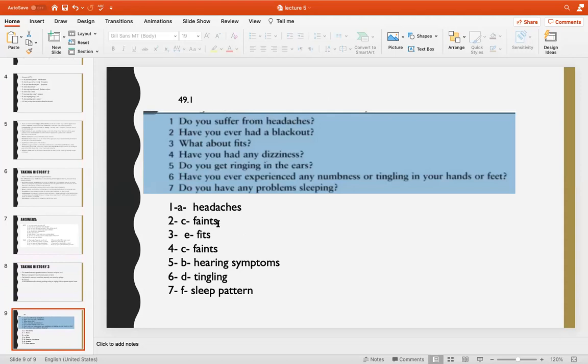Faints, that he loses consciousness, يغمى عليه. Like for example, have you ever had a blackout? Fits, like what about fits?